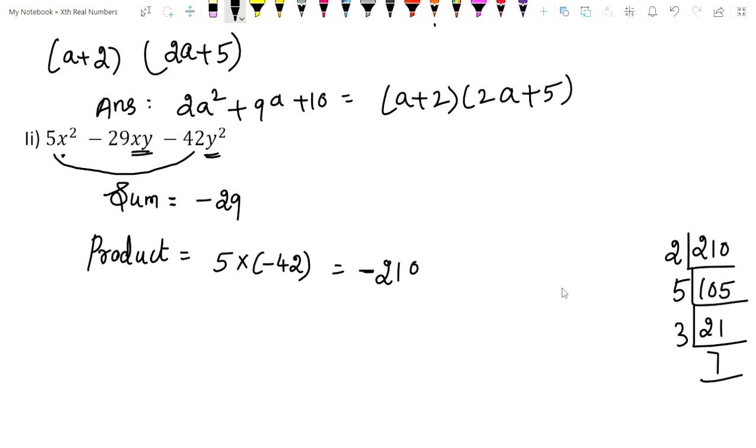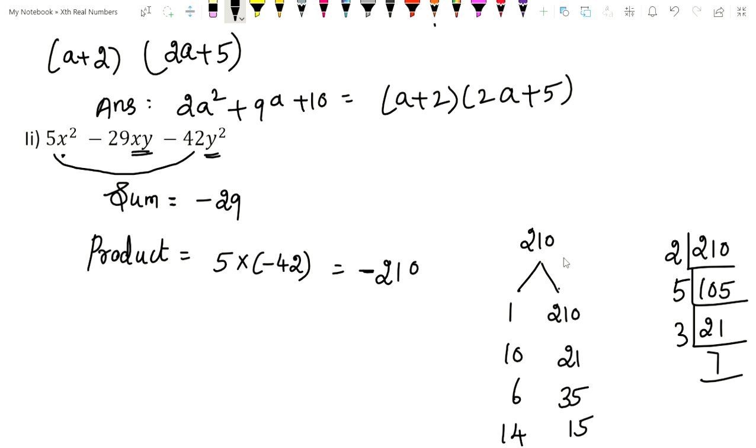So what you will write, children? 210: 1, 210 you can write, or else 2 5s are 10, 3 7s are 21, then 2 3s are 6, 5 7s are 35, or else 7 2s are 14, 5 3s are 15. So these are the factors.